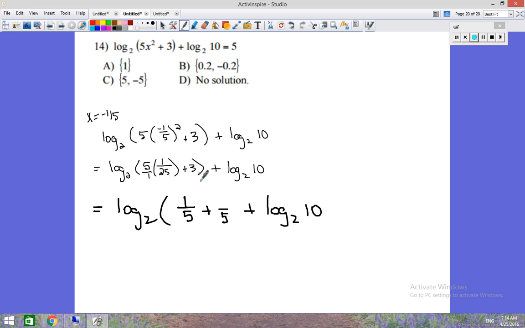So I'm just going to multiply by 5 over 5. 3 times 5 is 15. So 1/5 plus 15 over 5 is 16 over 5.